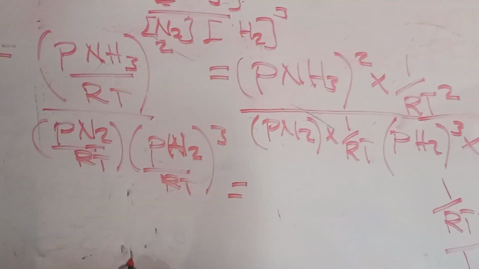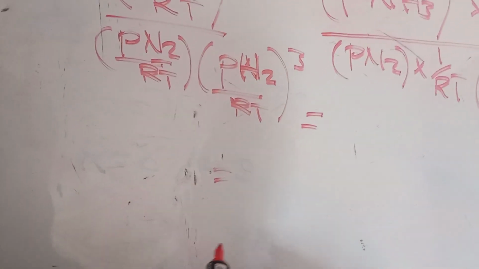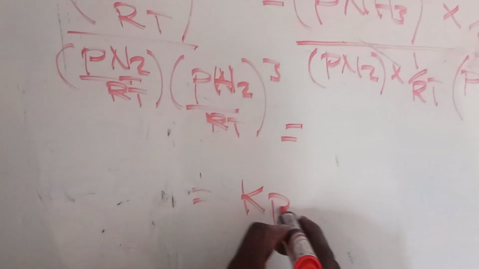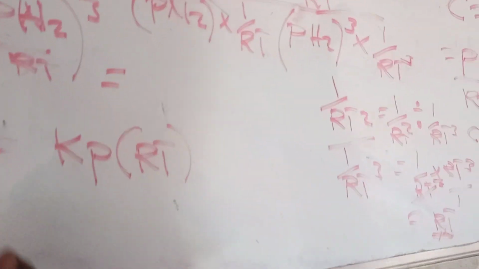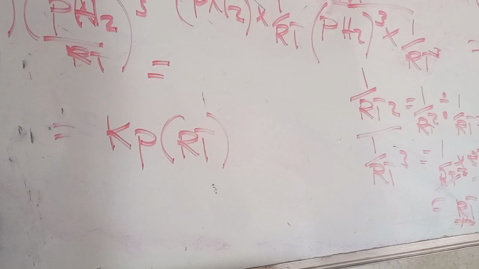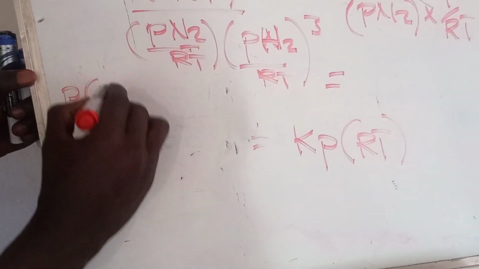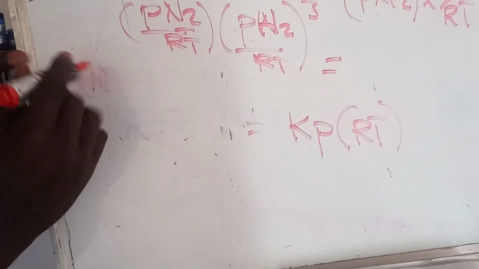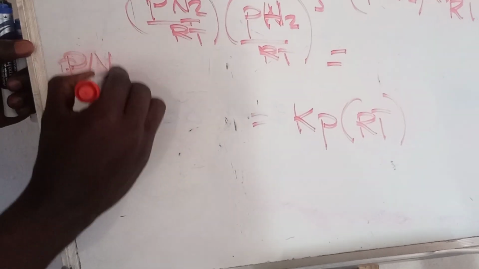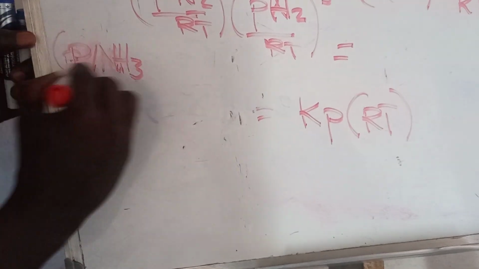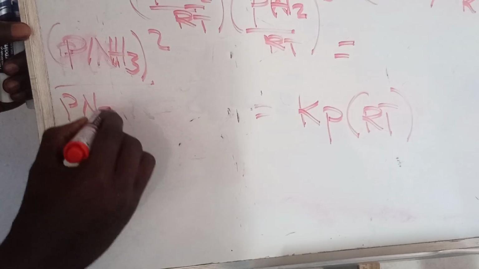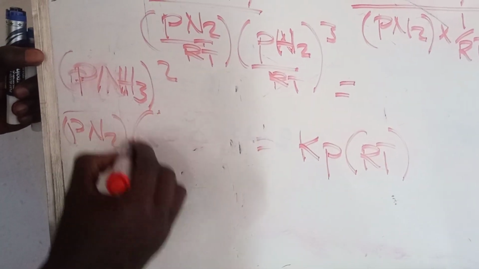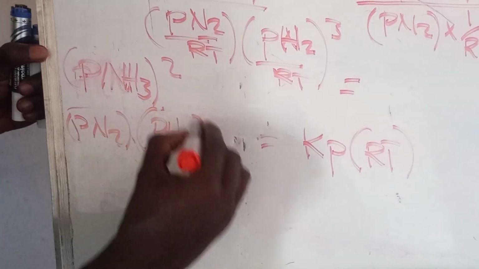So what will happen here? Since we're looking for Kp, hence Kp is equal to Kc times RT to the power of the change in moles. That's what we have remained with. In this case, if we're looking for that, we have the equation: it is P of NH3 to the power 2 over P of N2 and P of H2 to the power 3.